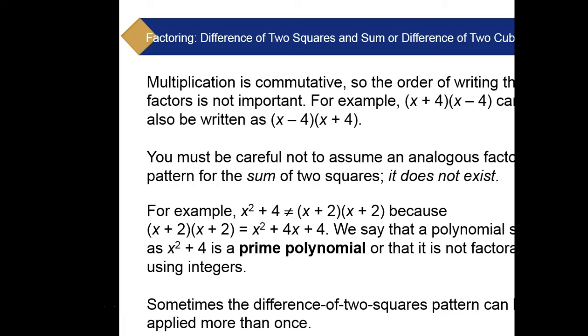That's what your answer for that is. Okay? We'll get to that in a little bit too. When you see a form like this, you can then write down the answer pretty quickly. We say that a polynomial such as x squared plus 4 that has no factorization, we call it a prime polynomial. Just like a number like 13, you can't factor that. That's a prime number. Well, a prime polynomial.